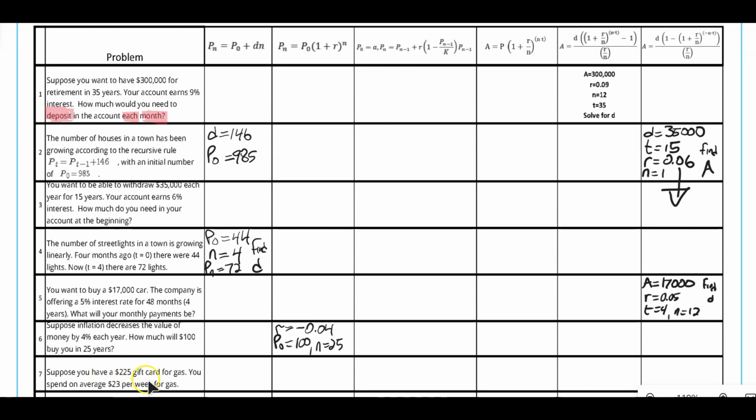So this is a growth problem with a negative growth, and it's a linear growth because it's always going to be dropping by $23. So we would have P sub 0 is the initial 225, and D is negative 23, and we would need another variable to solve for something, but that's the information we do have.